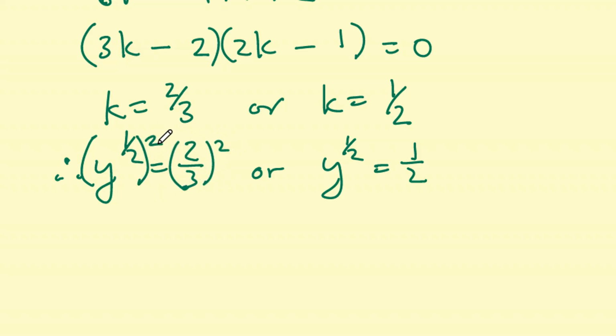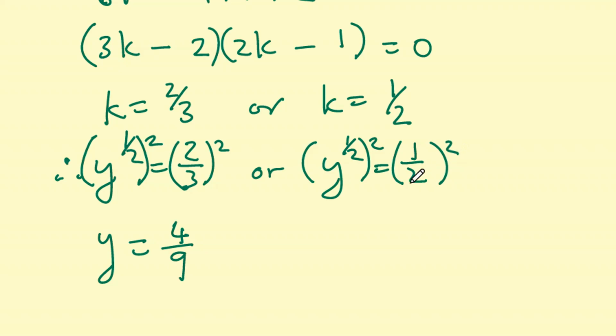So the 2's will cancel here, and we'll be left with y. On the right hand side, 2 over 3 all squared is 4 over 9. For this equation, we can raise both sides to the power of 2 as well. We can square both sides. The 2's will cancel here, and we're left with y equals 1 over 4.